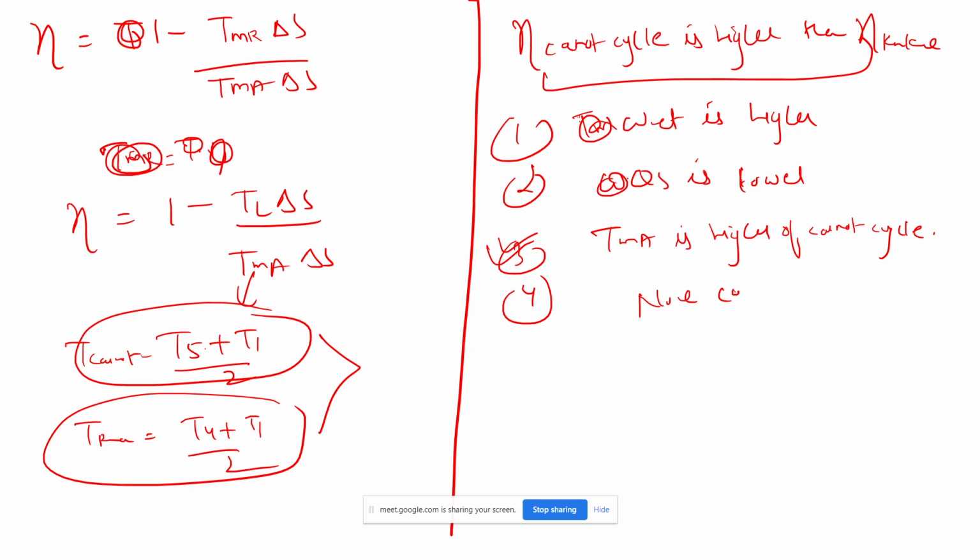Actually, not regarding this question, generally I'm asking: on the TS diagram, the area is more, so won't the work net be more? And if the area is more, usually the efficiency will be more?